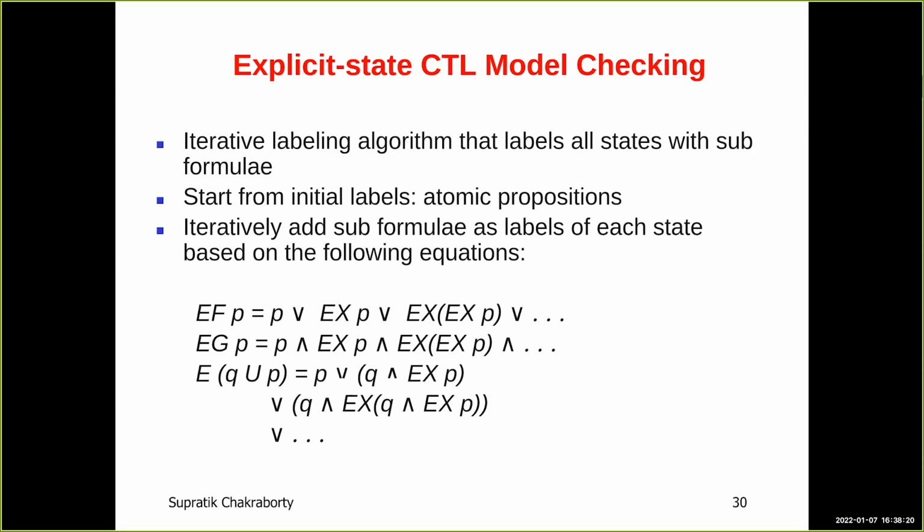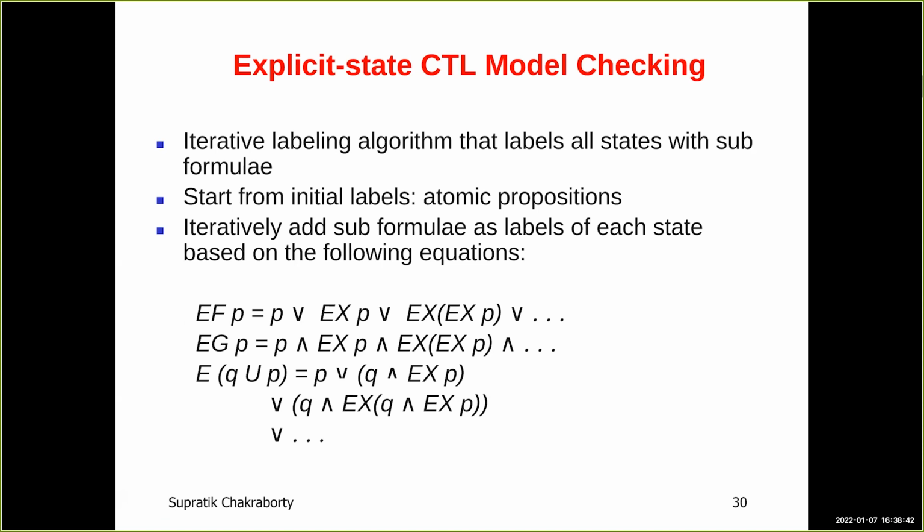So that is why it's sufficient to talk about the existential quantifier on the paths here, because if you give me, for example, a formula AFP to check, I will say, okay, you want to know whether along all the paths FP holds. If I negate this formula, I will get E negation FP.